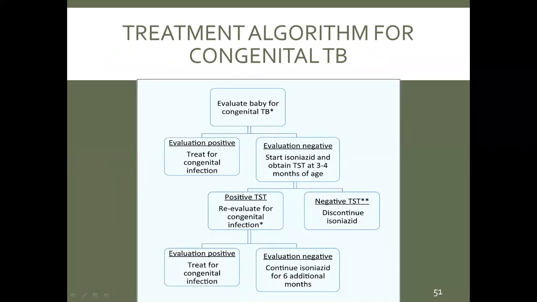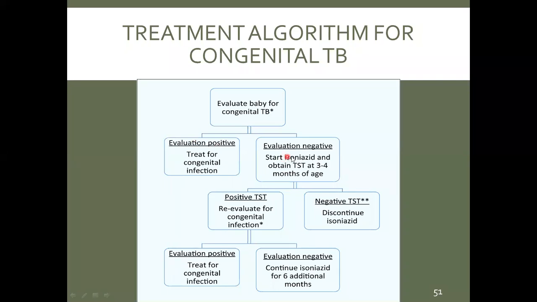So if we talk about how to approach this, evaluate a baby for congenital TB with chest X-ray, tuberculin skin test, gastric aspirate, or sputum for AFB. If this evaluation is positive, then you should treat for congenital TB infection.